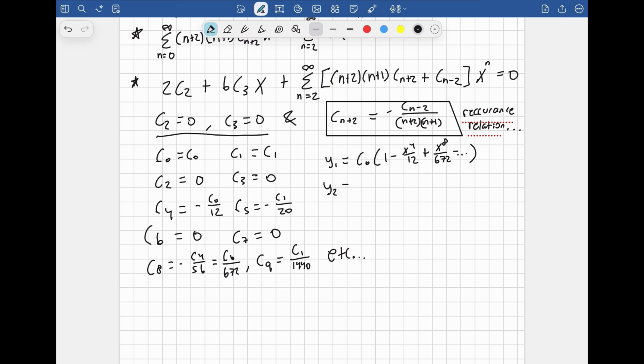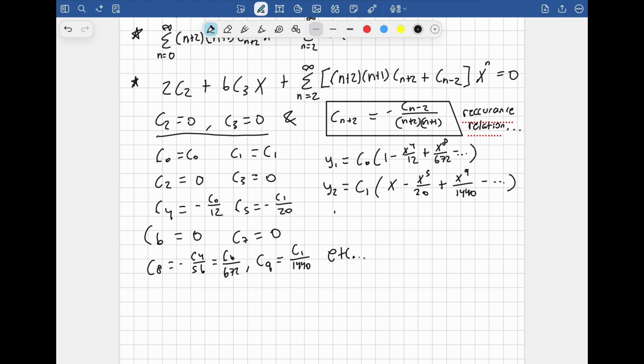And our second solution can be C1 times x minus x to the 5th over 20 plus x to the 9th over 1440 minus and so on.